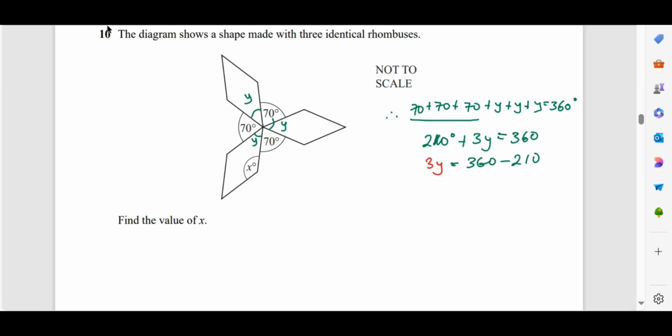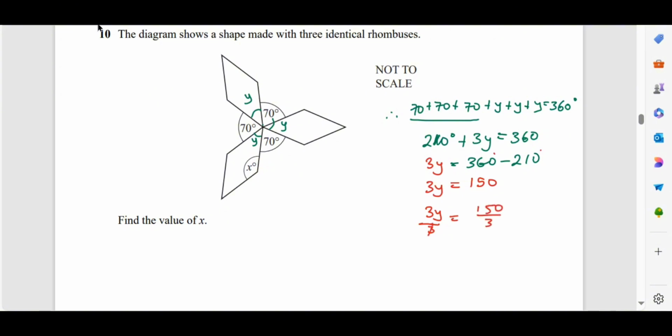So 3y equals 360 minus 210, that's 210 degrees moving towards this side. So we have 3y equal to this minus this will give you 150. So we divide both sides by 3. Okay, so that will give us 3y over 3 equals 150 over 3.